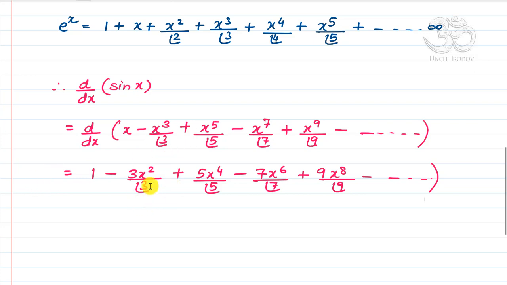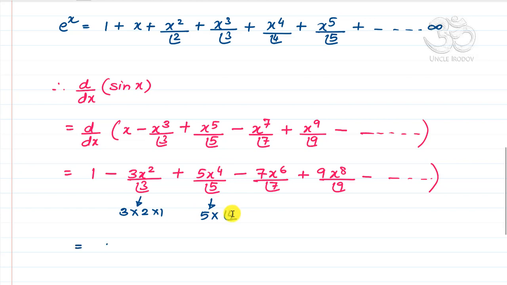And if you know the definition of the factorial, this is 3 into 2 into 1, so 3 into 2 factorial, and the 3 will cancel out, leaving 2 factorial. Similarly, this will be 5 into 4 factorial, so 5 will cancel out, and you will get only x power 4 by 4 factorial.